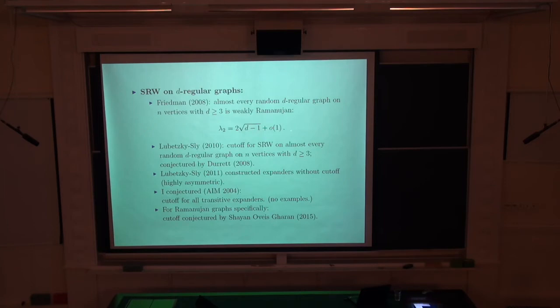The original proof was very long. It's now been significantly simplified by Charles Bordenave. But this error is still too large to conclude what is believed, that in fact lambda 2 is less than 2 root d minus 1 with positive probability.